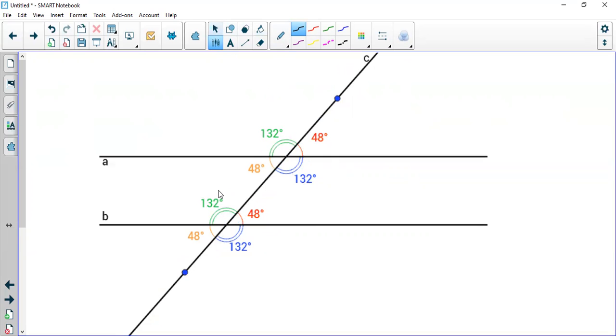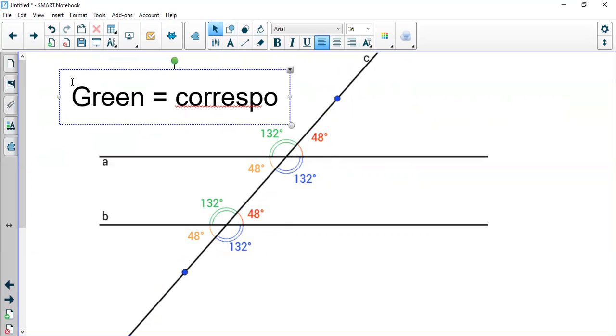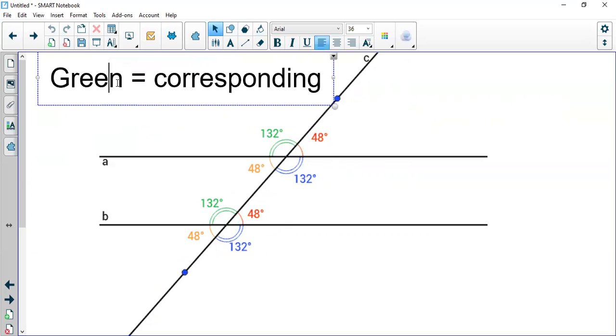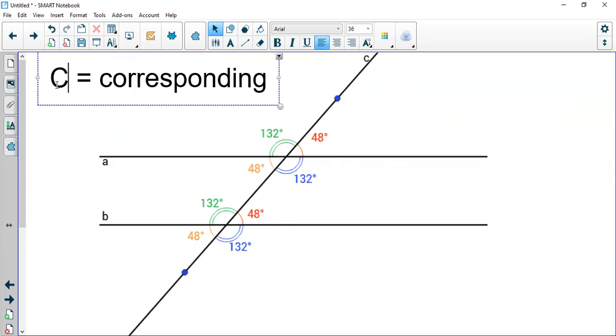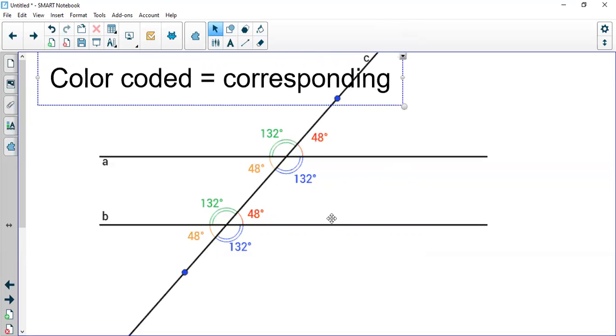So 132, 132 here. The colors are corresponding angles. So 48 and 48 here, the reds, the yellows, and then the greens.